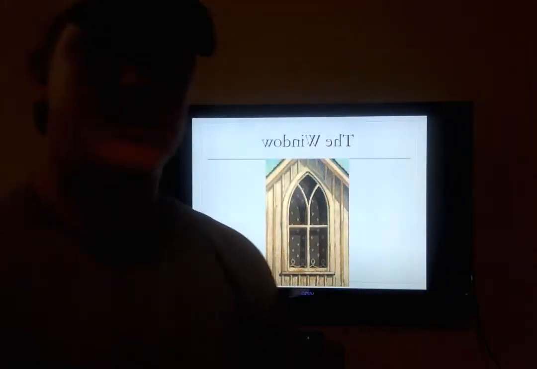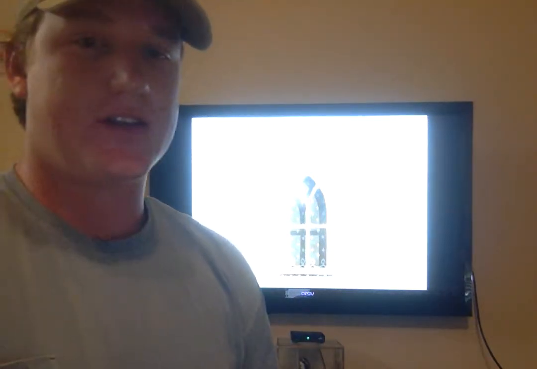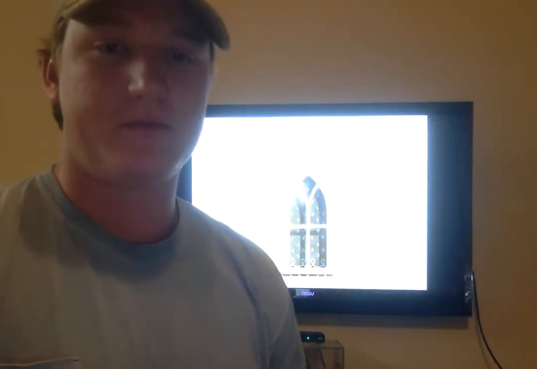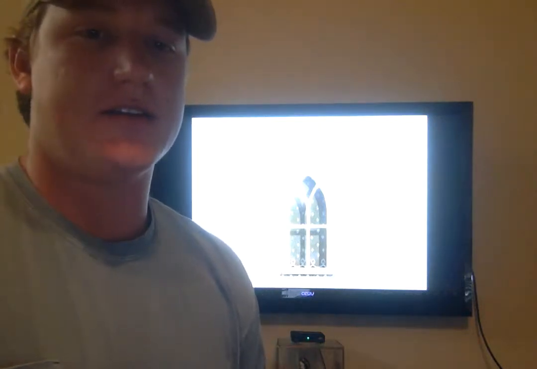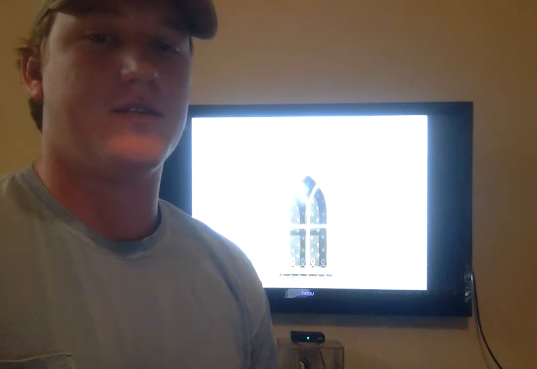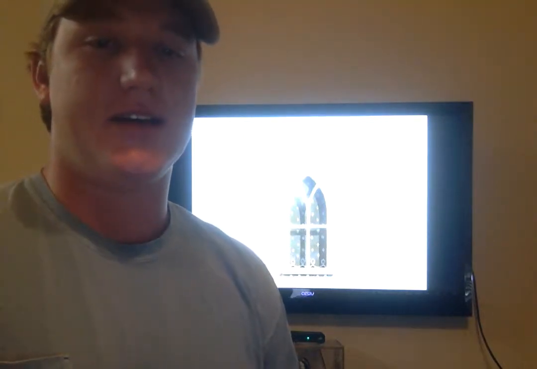So now we're going to focus on the window. Taking a closer look at the house, you can see the Gothic window that is kind of the centerpiece of this painting. The American Gothic House Center included that the window is duplicated, with two halves of the window repeated by the two human figures standing side by side.